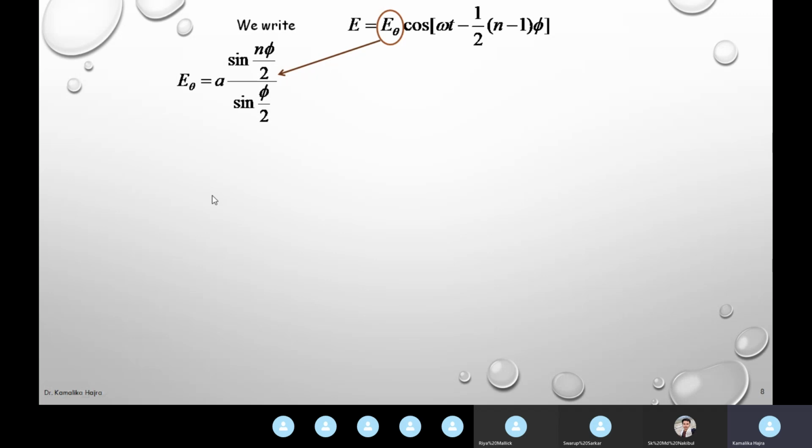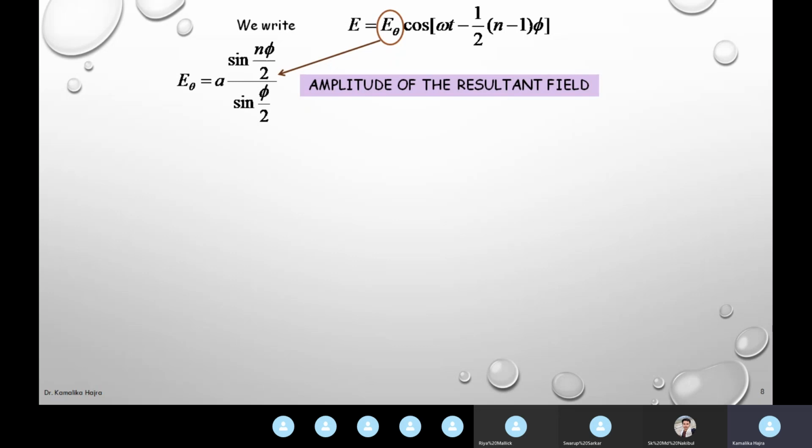And remember, this is the amplitude of the resultant field. So you can understand that the amplitude is not a constant, it is itself a sinusoid. The amplitude also varies sinusoidally. And why does it depend on theta? Because phi, the phase, in turn depends on theta.